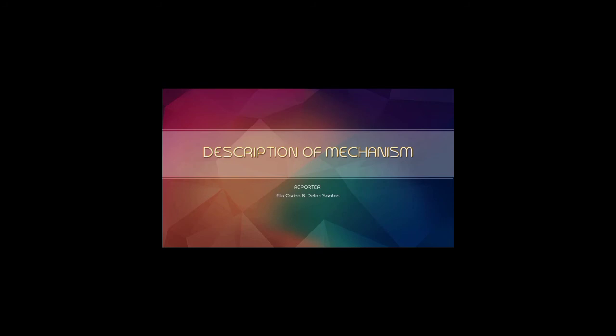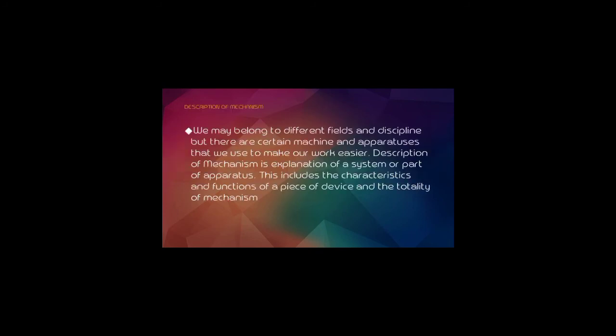Description of mechanism. We may belong to different fields and disciplines, but there are certain machines and apparatuses that we use to make our work easier. Description of mechanism is an explanation of a system or part of an apparatus.